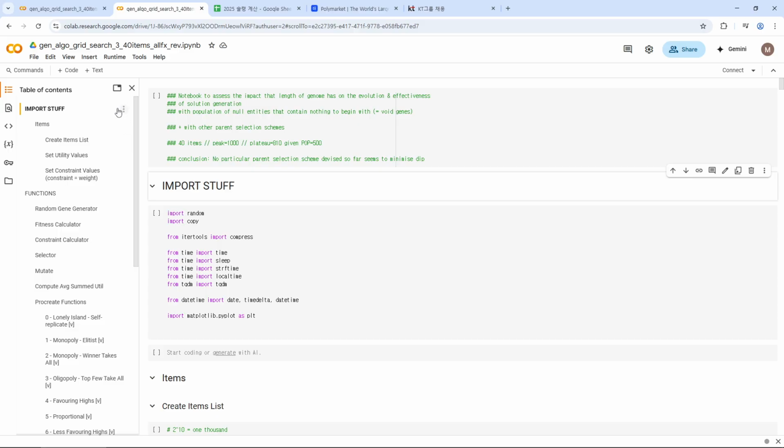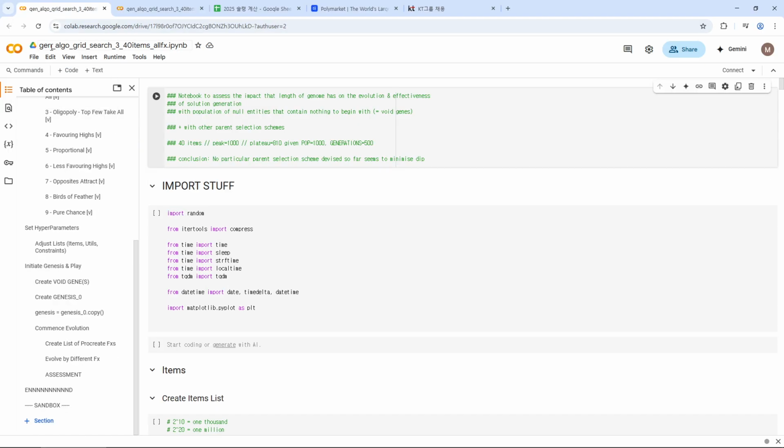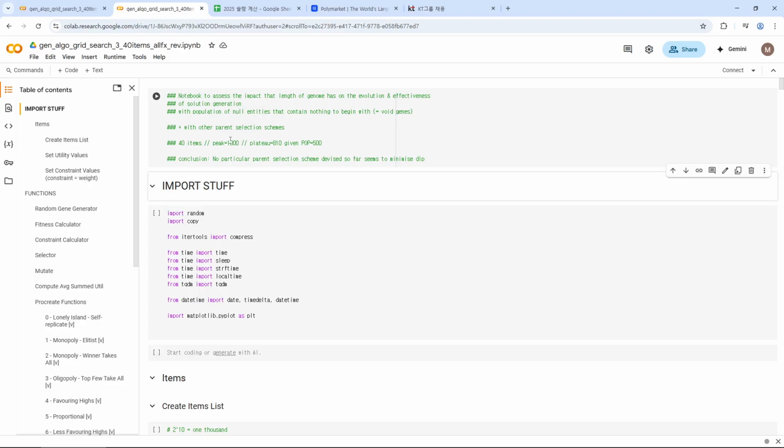In this notebook, I have done this exact same notebook last time, titled Genetic Algorithm Grid Search 340 Items All FX, but this is a new revised version.